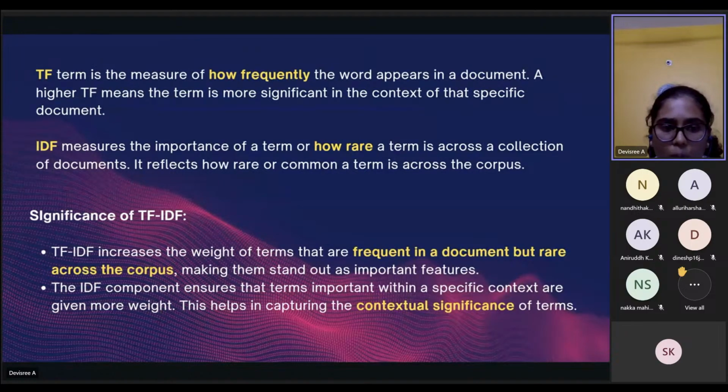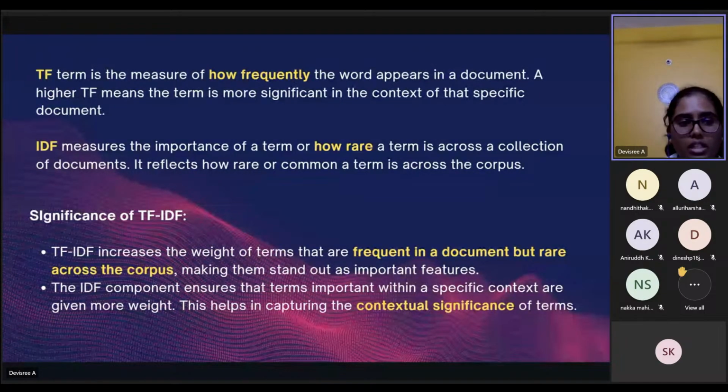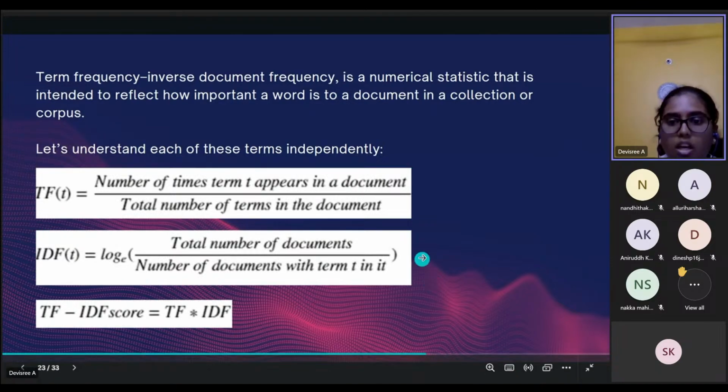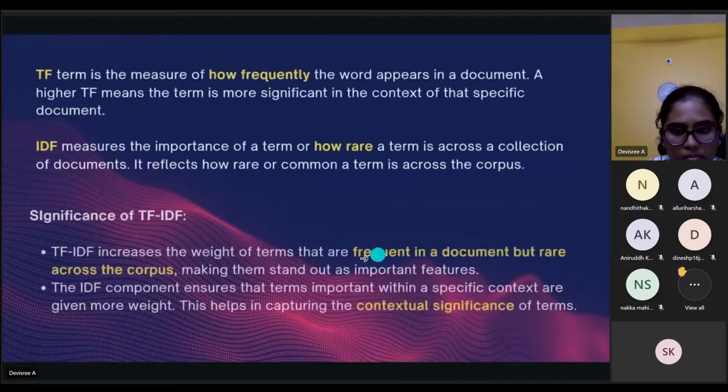Right. The IDF component also ensures that rarer words are given more weight. So in this case, the TF term is the frequency, and the IDF term is essentially, you can think of it as the weight. Right.